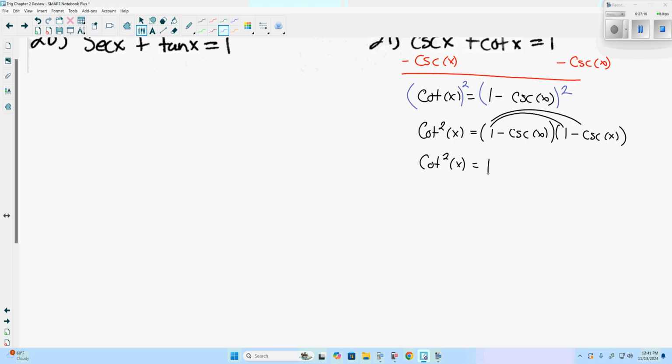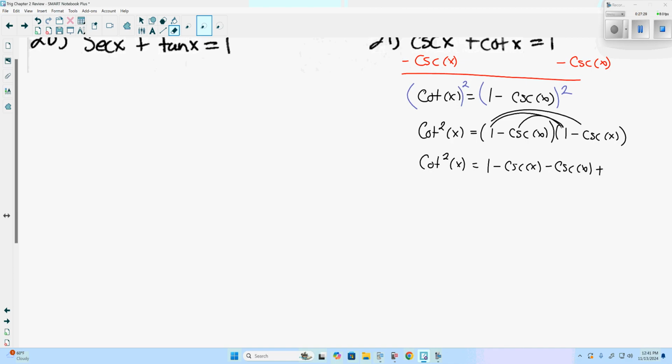One times 1 is 1. We're going to minus cosecant of x minus cosecant of x.